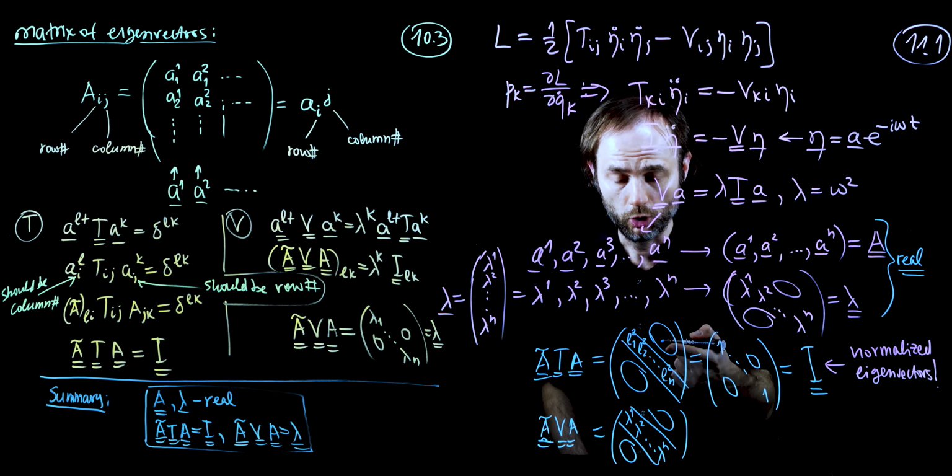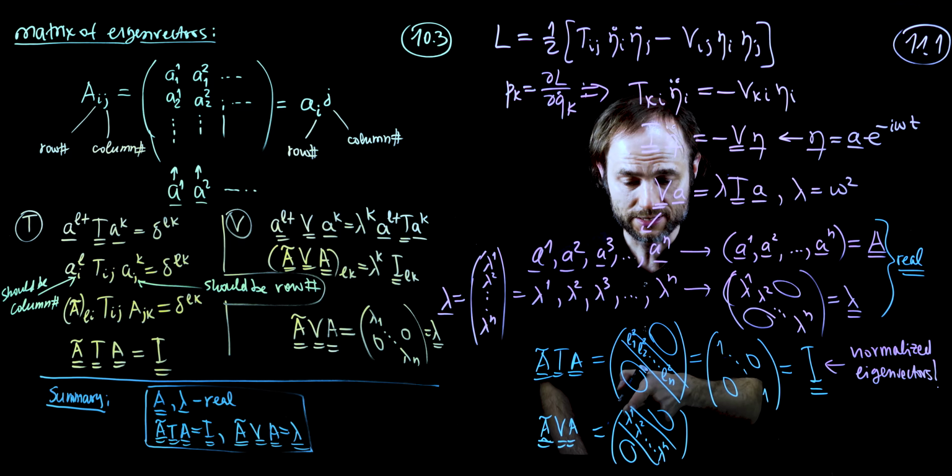So this looks almost like that, except now we do have non-unity values along the diagonal, and in fact we are getting this to be equal to our matrix of eigenvalues. So these are the most important results that we have obtained in the previous lecture.